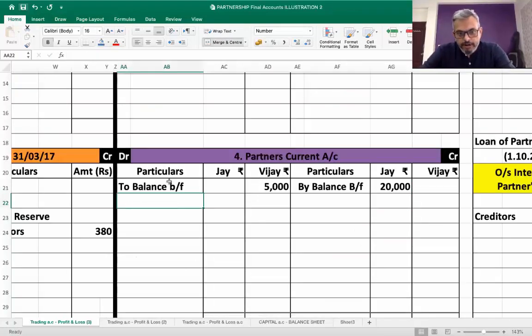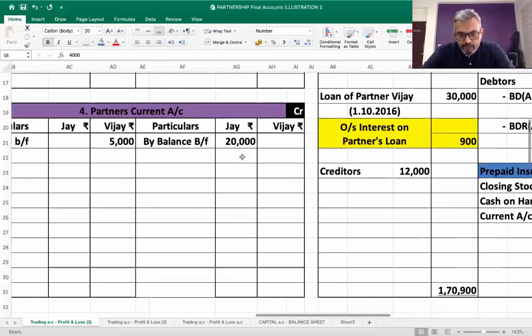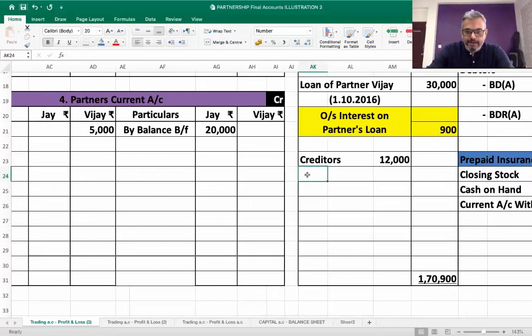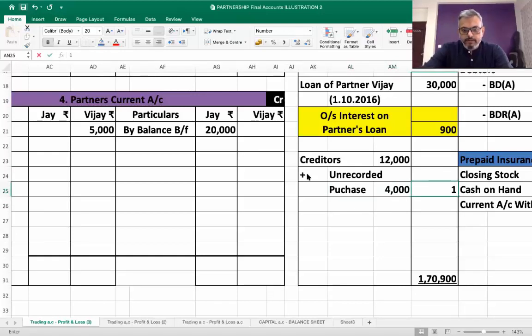So 4,000 is unrecorded purchase. Second effect, creditors: we have to add unrecorded purchase of 4,000 to 12,000, making 16,000. I'll underline it and highlight it.